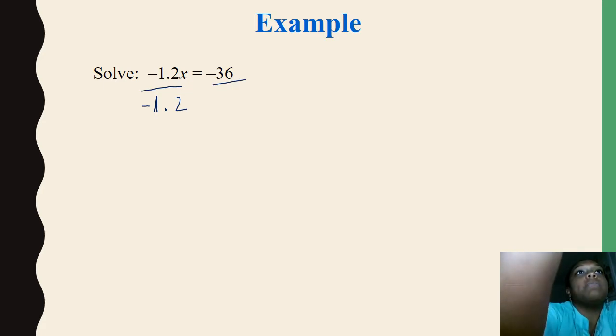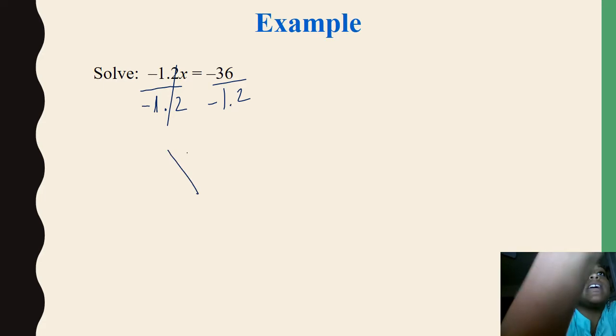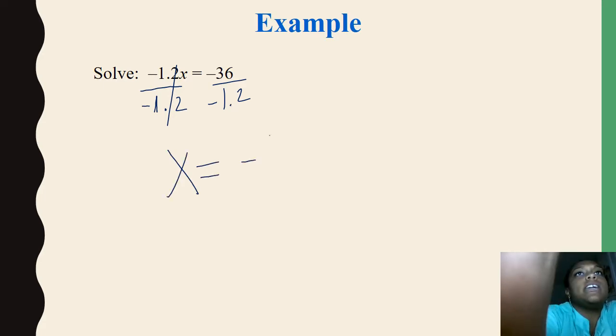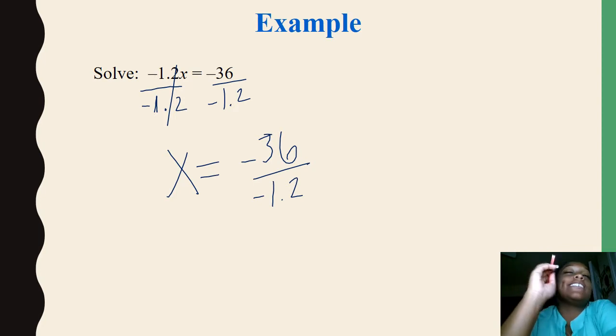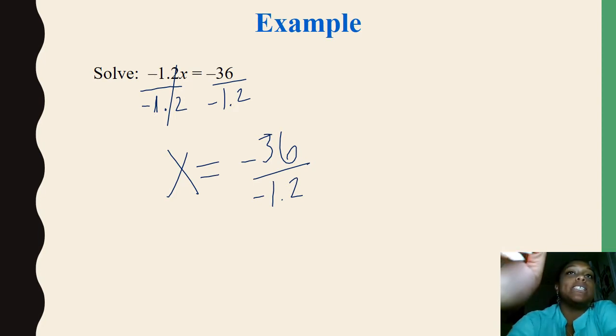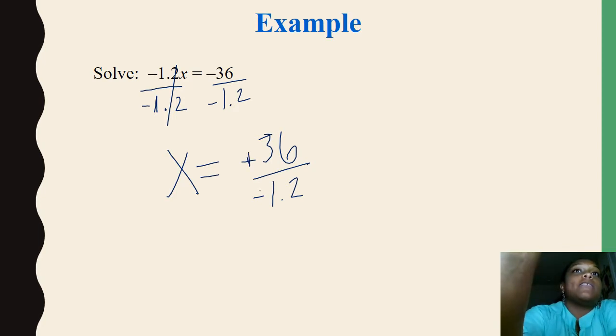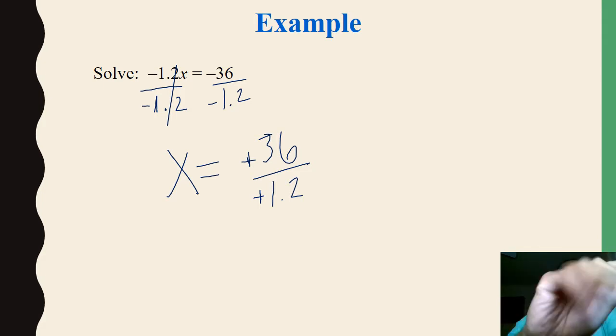So I'm going to divide by negative 1 2/10, and I'm left with x equals negative 36 divided by negative 1 and 2/10. First off, we know that it's a negative divided by a negative, which means this is going to become a positive answer. That's step one.